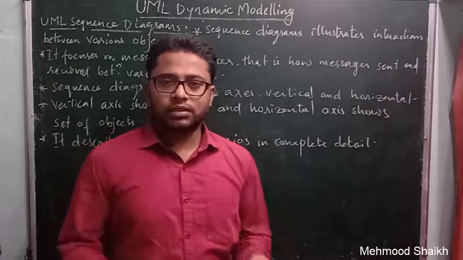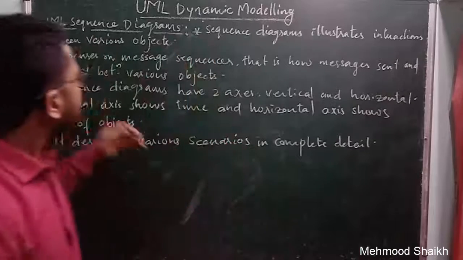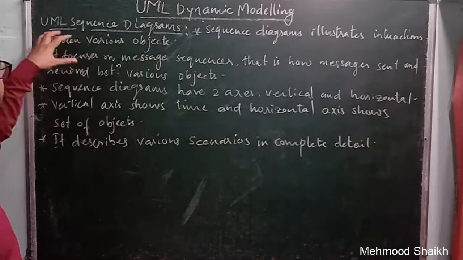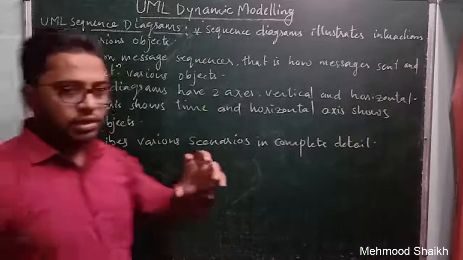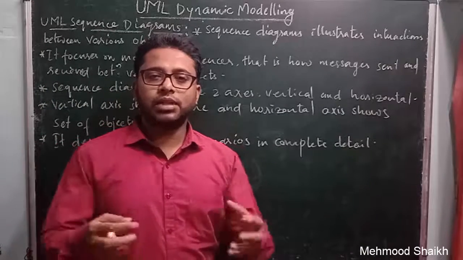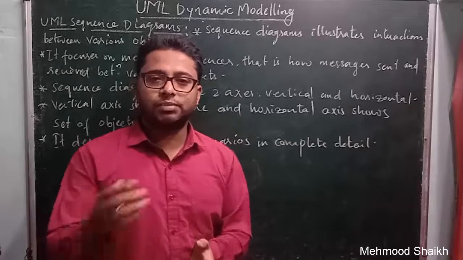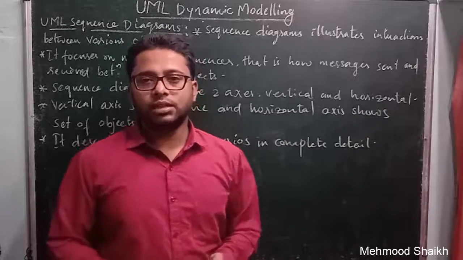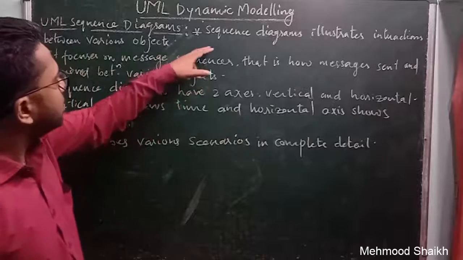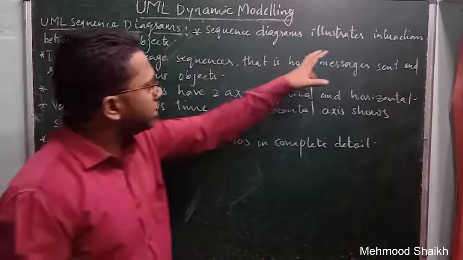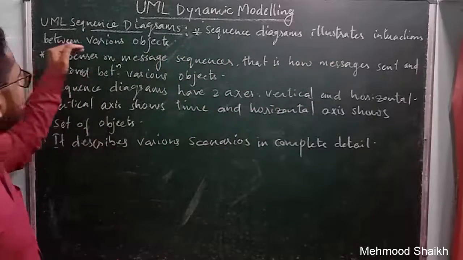Now let us discuss one of the types of interaction diagrams, and that is the UML sequence diagram. This sequence diagram helps the development team to analyze the sequence of activities performed on the system by the user. The first point says sequence diagrams illustrate interaction between various objects.